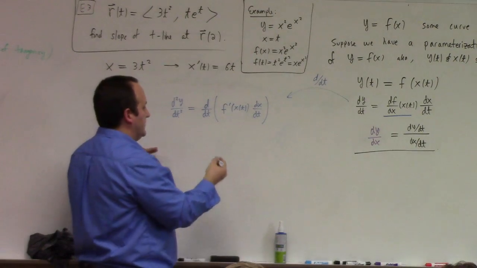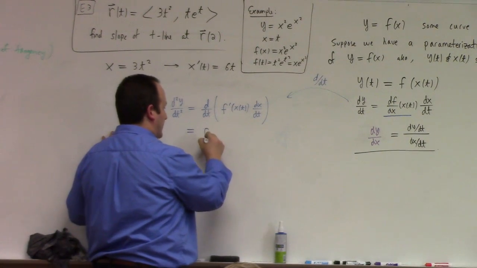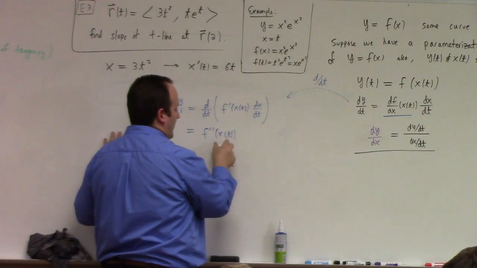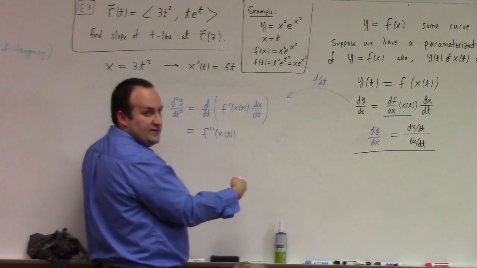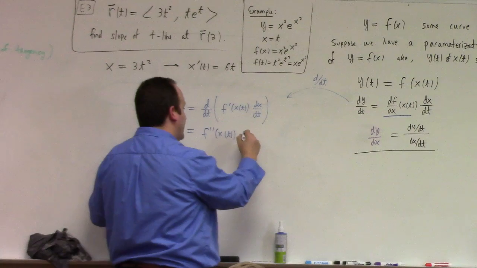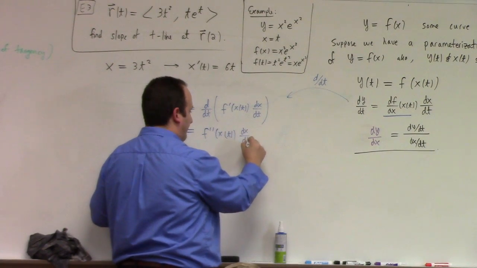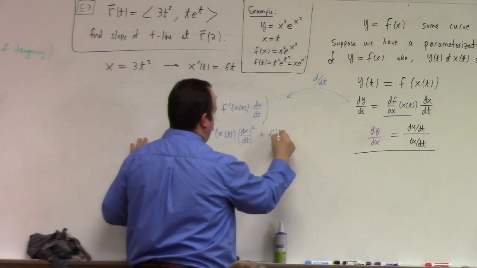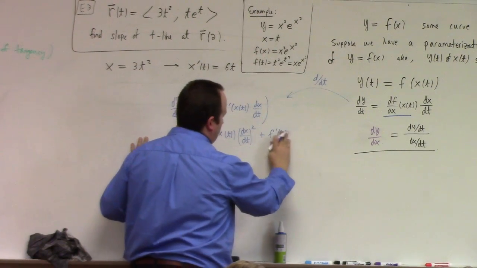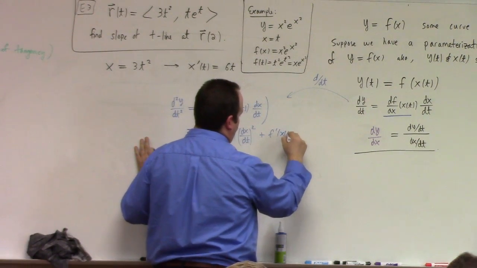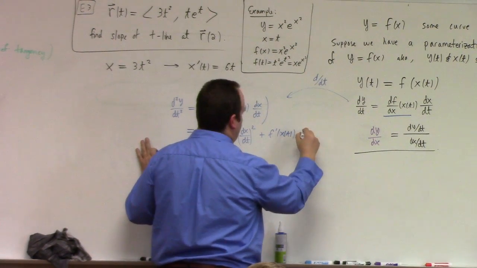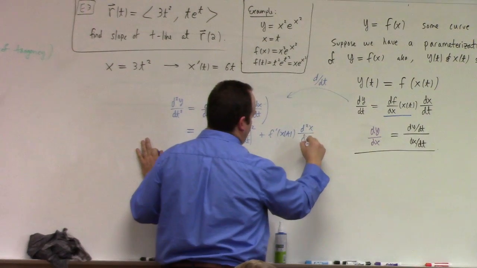And so then the product rule takes over. You get f prime prime of x of t. And then the chain rule says I have to multiply by a derivative of the inside function. So you get dx dt squared. And then plus f prime of x of t times d squared x dt squared.